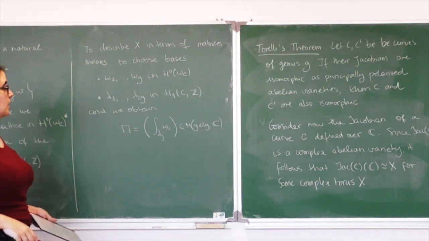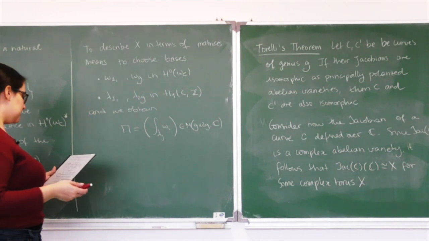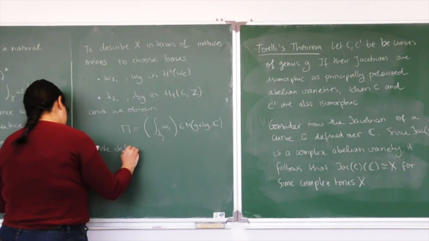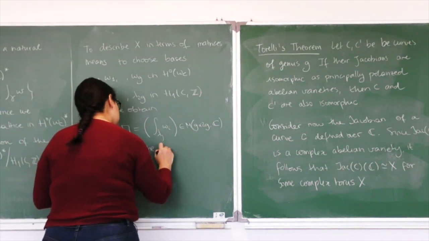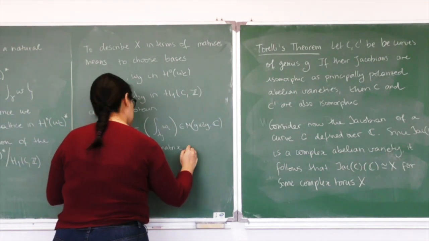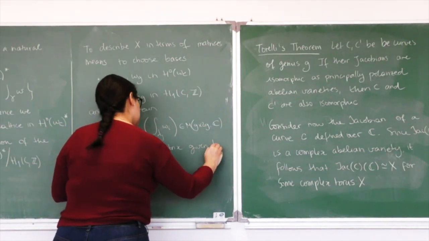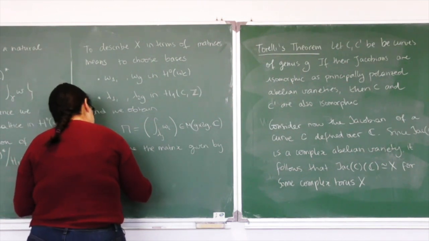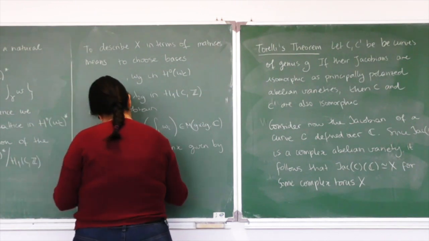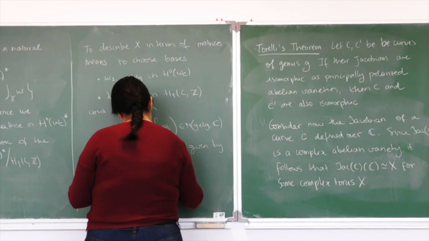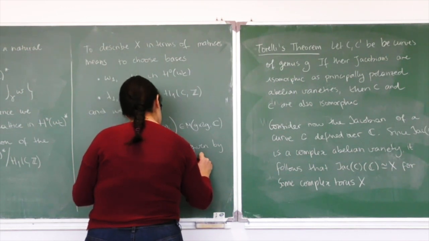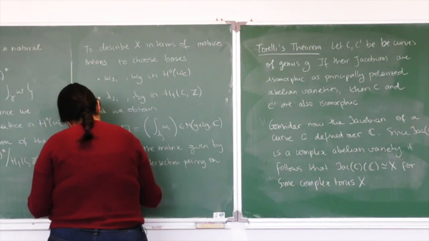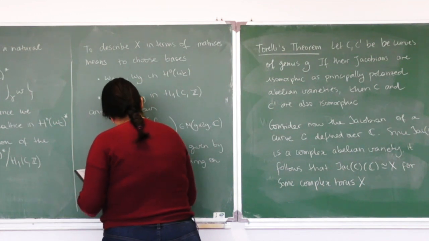And to this we associate one more matrix. We define the matrix given by the oriented intersection pairing on the first homology group as follows.